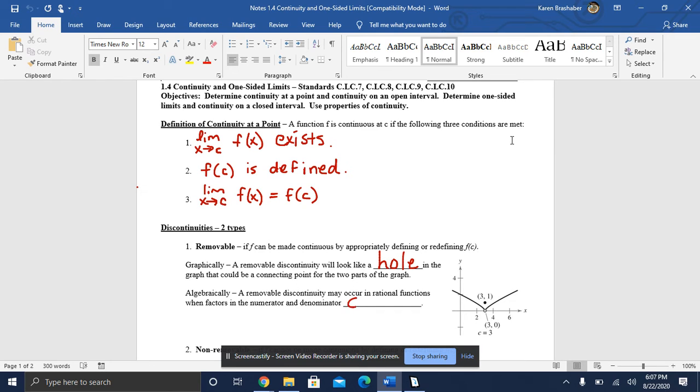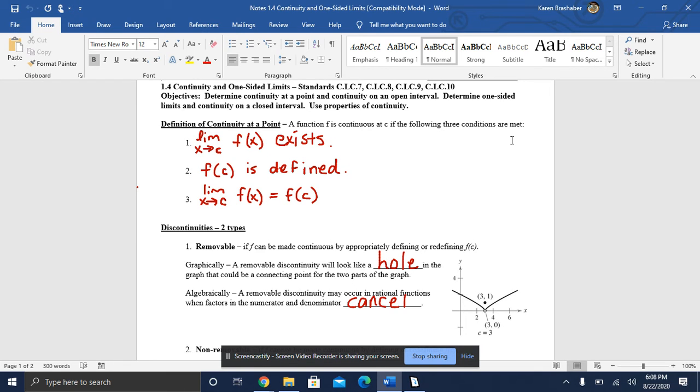So if you can take the numerator and denominator and cancel some common factor, then that's an indicator that you have a function with a removable discontinuity. So you have a picture of one, and then we'll have some problems where you can factor and cancel and see that happening.